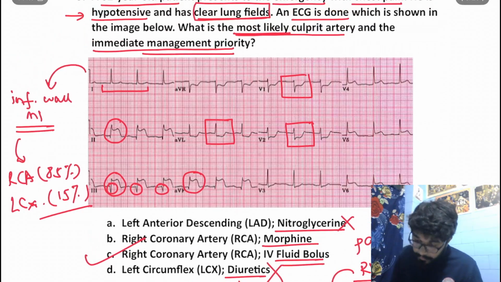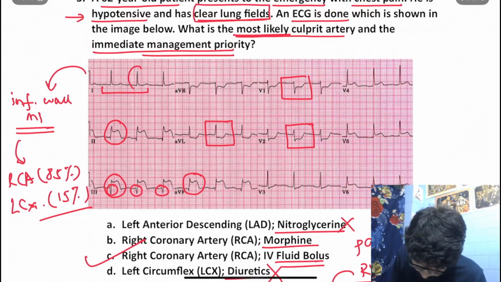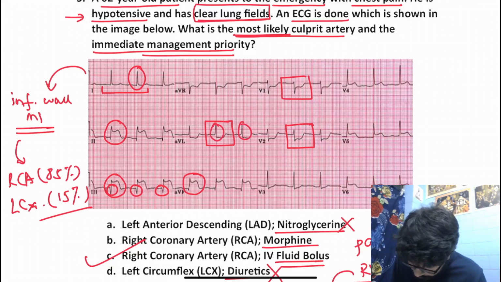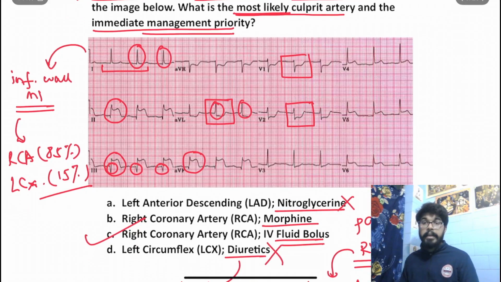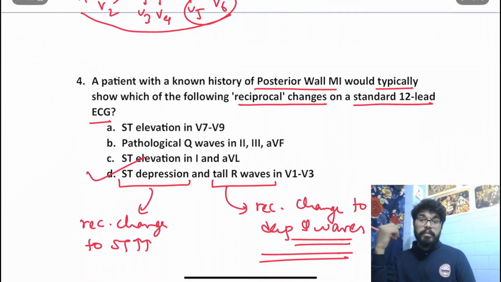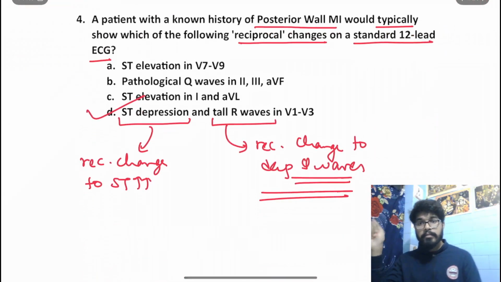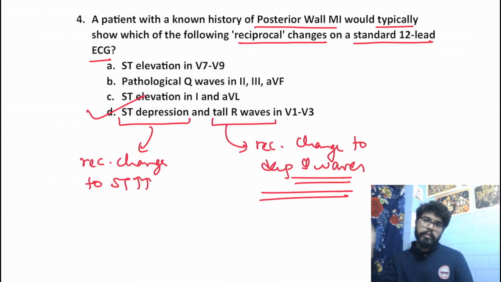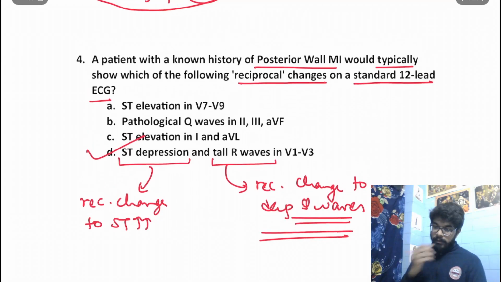And similarly, we have peaking R waves in lead 1 and lead AVL, in the reciprocal leads. Okay. So these are also signs of myocardial infarction, though less specific than ST segment elevation and depression respectively. Okay. So D should be the correct answer.